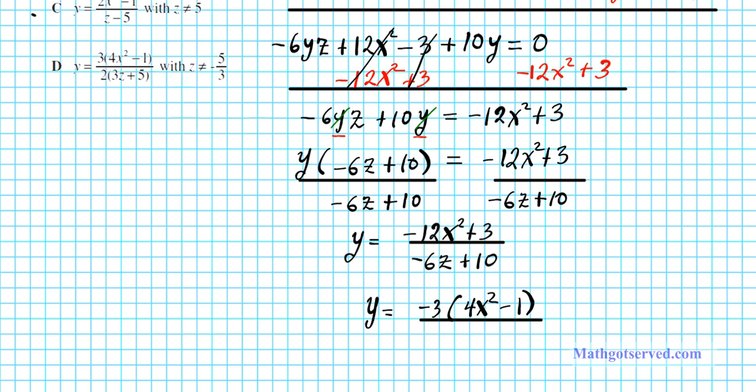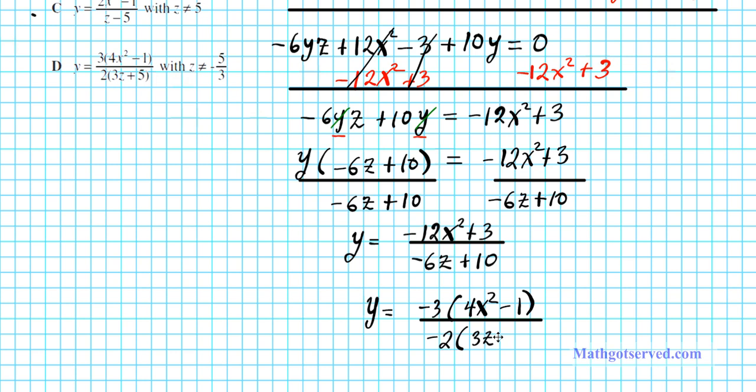It's negative 2. So if we pull out negative 2, we'll have negative 2 times negative 6z divided by negative 2. You'll be left with 3z. Positive 10 divided by negative 2.